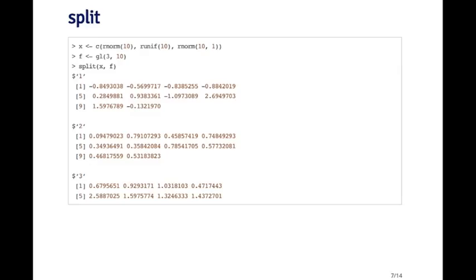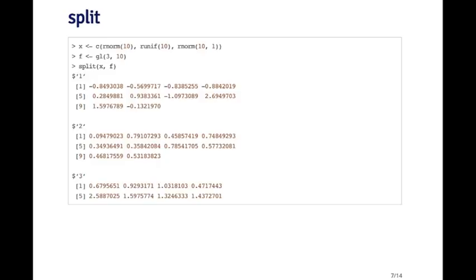So here is a simple example similar to what I had before with the tapply example. I've simulated 10 normal random variables with mean 0, 10 uniforms, and 10 normals with mean 1. And I'm just creating my factor variable here. Now I'm going to split the vector into 3 parts because the factor variable has 3 levels.